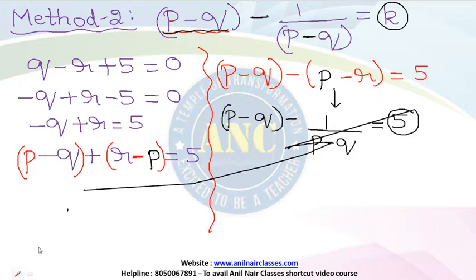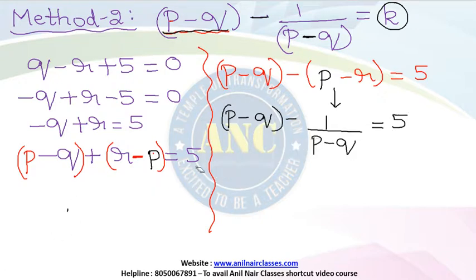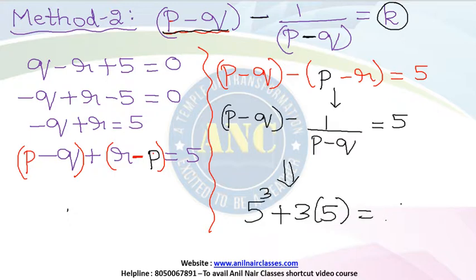That means p minus q whole cube minus 1 divided by p minus q whole cube can be easily found as k cube plus 3 times k. 5 cube plus 3 into 5. Answer for this question is 140 by using method 2.